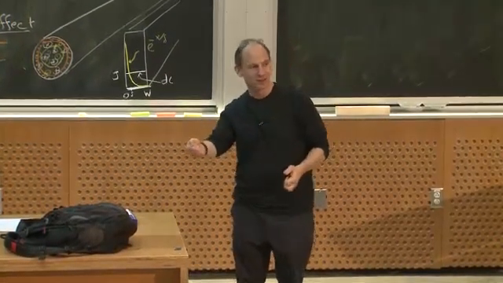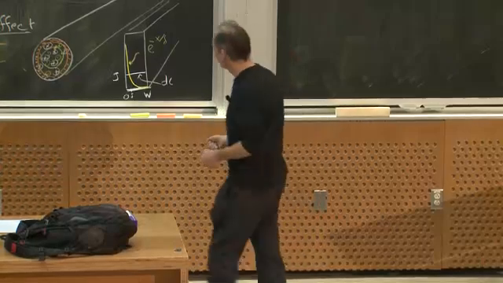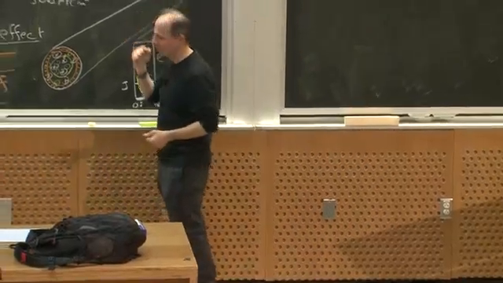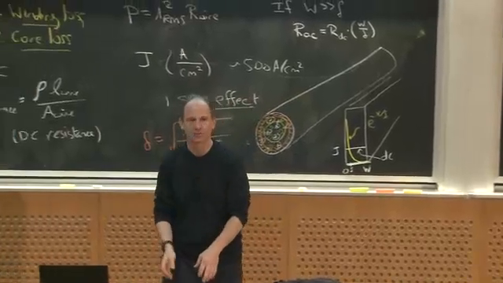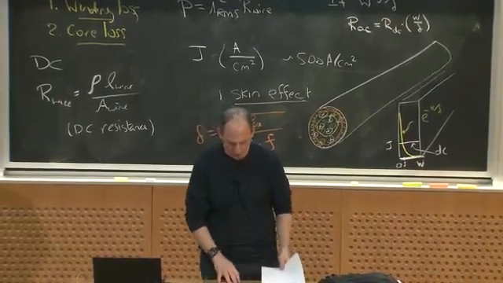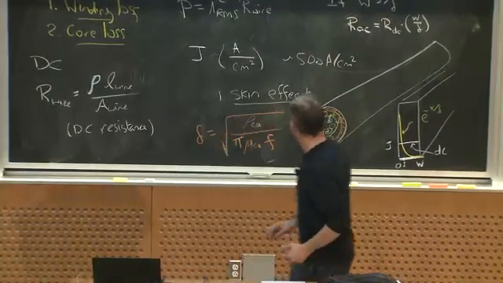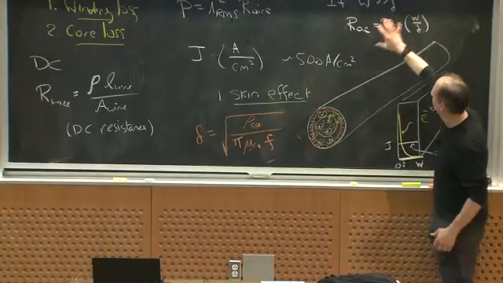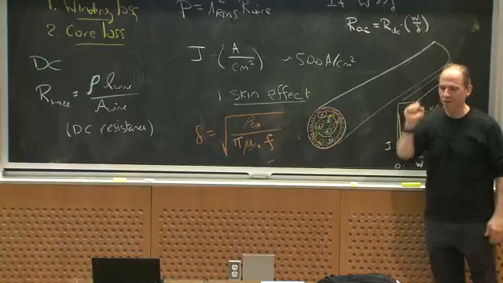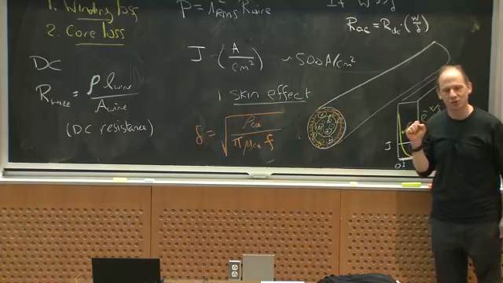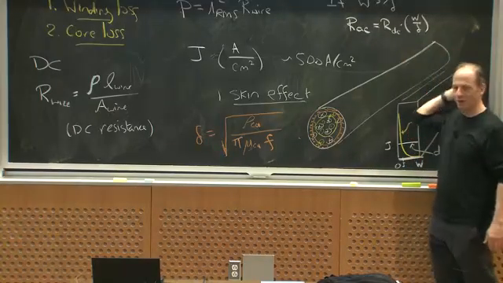And maybe I can use the DC resistance, or maybe I ought to figure out what the skin depth is and calculate the AC resistance of my winding, okay? And by the way, I put in the notes, this approximation is for if W is much bigger than the skin depth. In the lecture notes, I put what the approximation looks like if it's in some intermediate value.